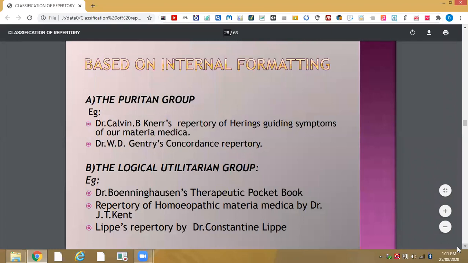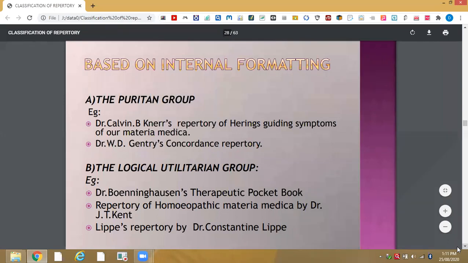In Puritan group repertories, the symptoms are in the language of the provers.